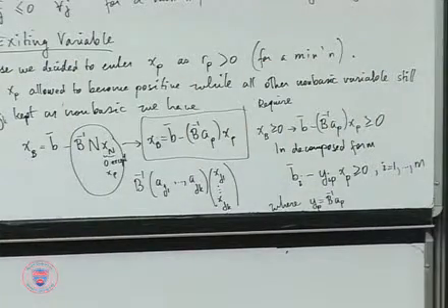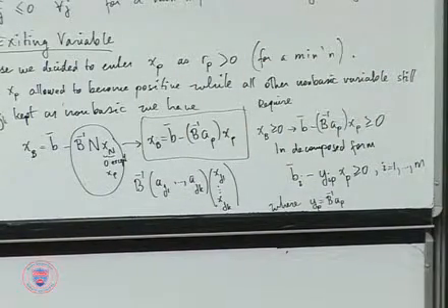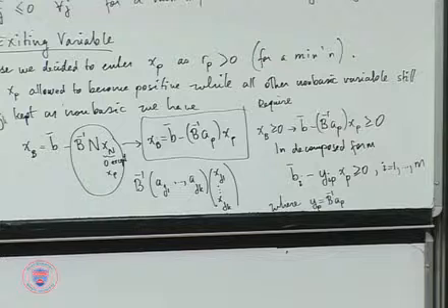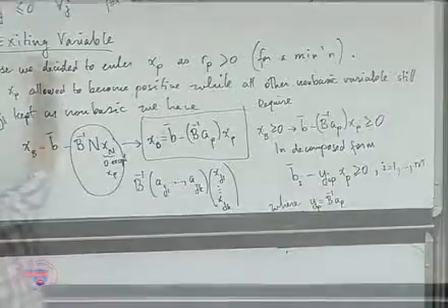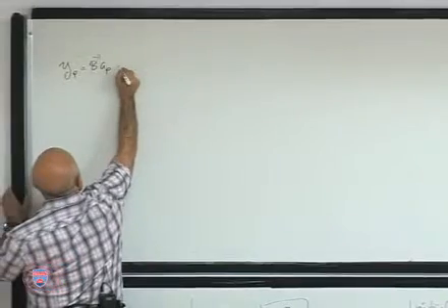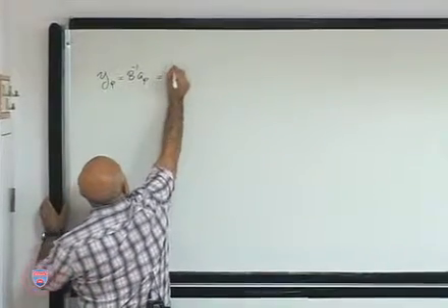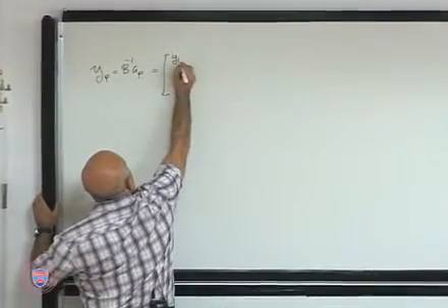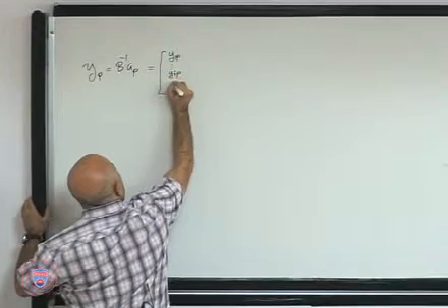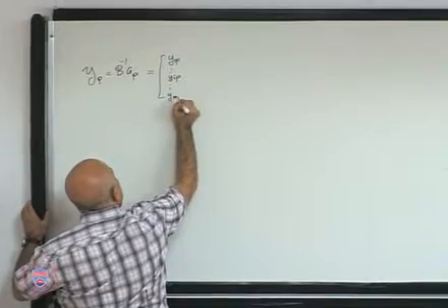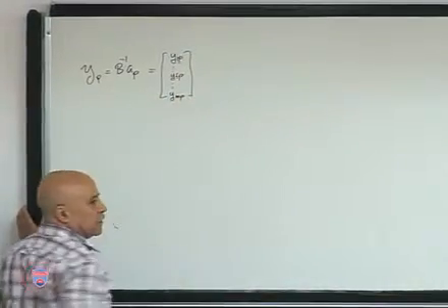Let me come here. P, and it has components y1p, the ith one is yip, the last one is ymp. Okay?